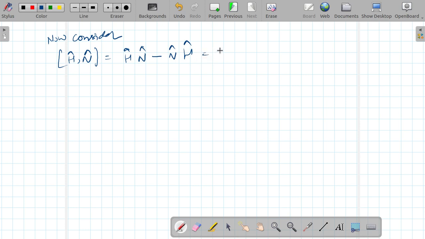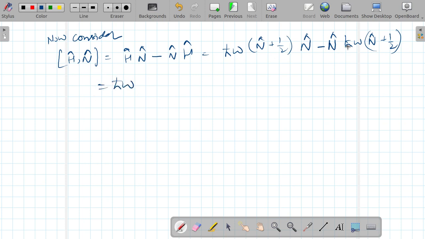It is equal to h cross omega n plus 1 by 2, and here n operator minus n operator h cross omega n plus 1 by 2, right? So here I simplify, means I put the values of h here, and then this equation will be there. Now let us simplify it.